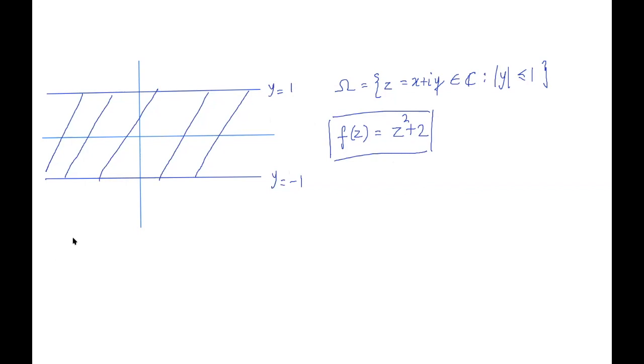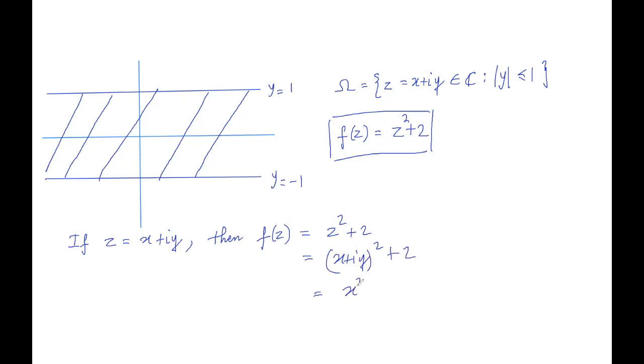So if z is equal to x plus iy, then f of z is equal to z square plus 2, which is (x plus iy) whole square plus 2, which is x square minus y square plus 2 plus 2ixy. So this is the real part and that's the imaginary part of f of z.